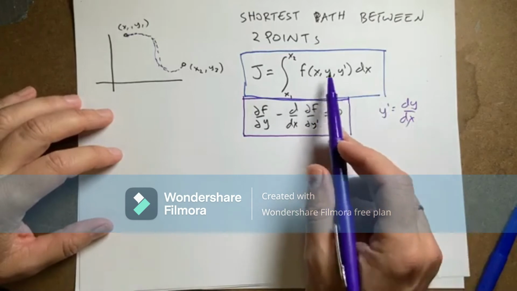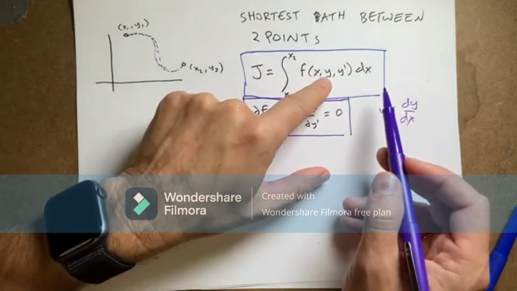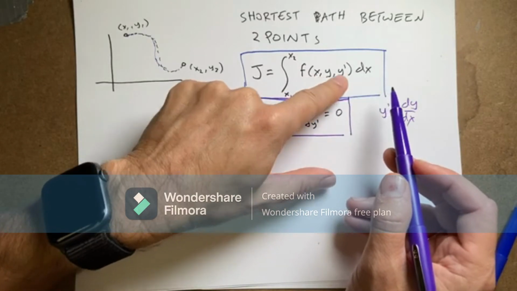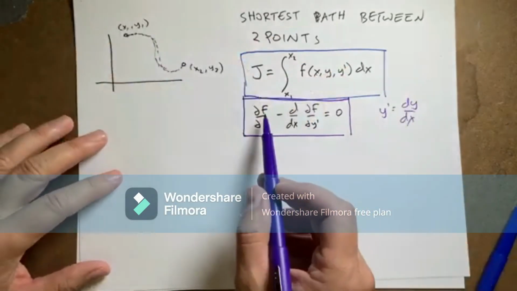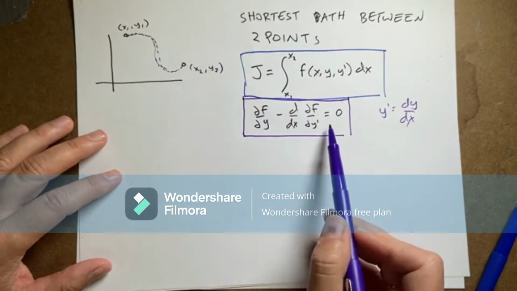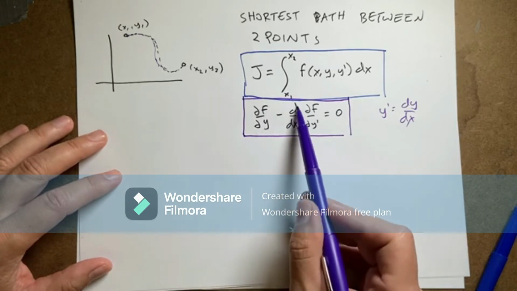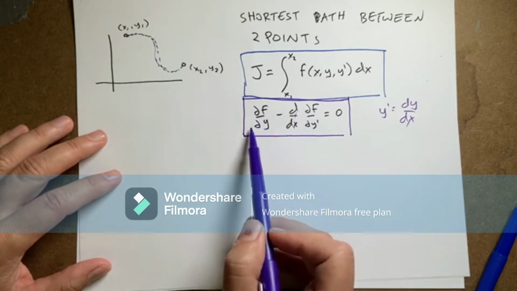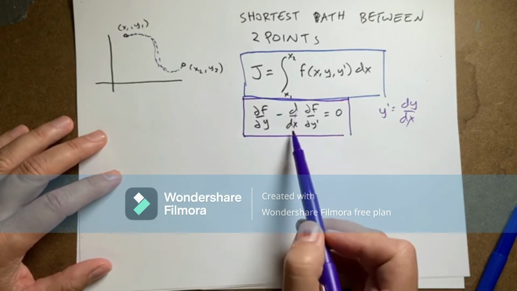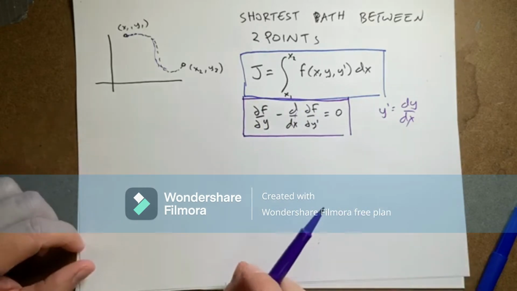But this integral depends on x, it could depend on y, and the derivative of y. Then the function that minimizes this has to satisfy this equation that says the partial of f with respect to y, minus the derivative with respect to x of the partial of f with respect to y prime, is equal to 0. Remember, these are partials, not derivatives, and that's an actual derivative.